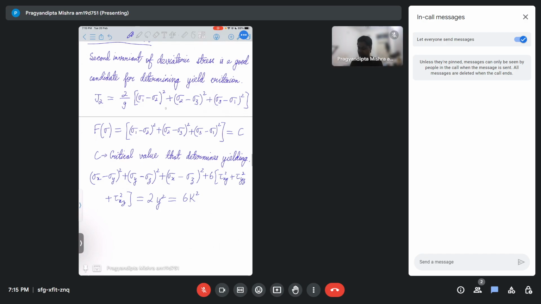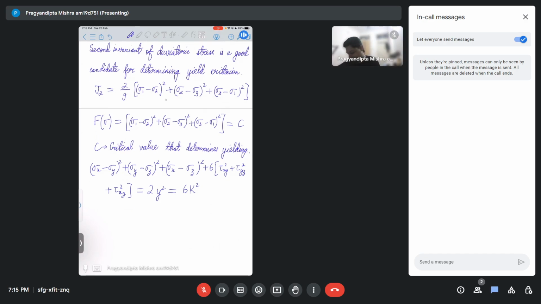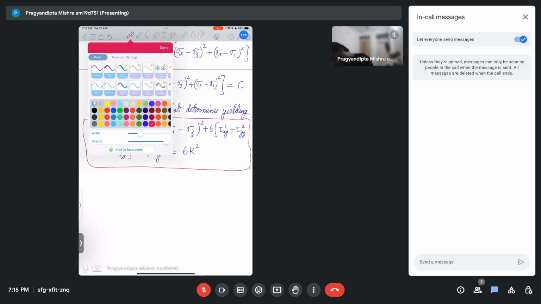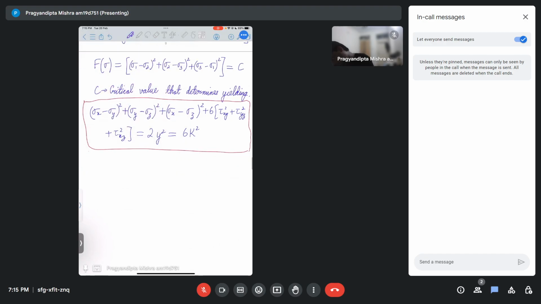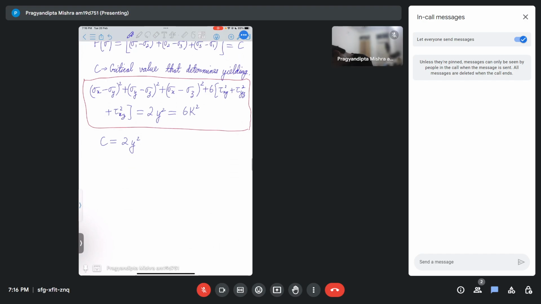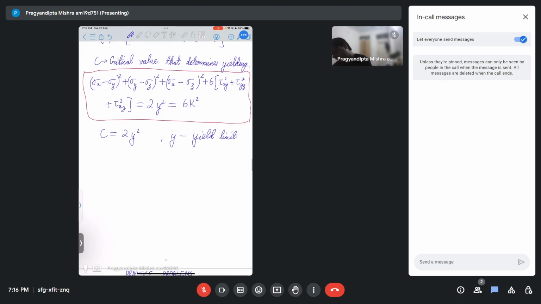Now this is a generalized form of the von Mises criteria. So what we are writing is C is equal to 2Y square. Y is the yield stress, the yield limit.